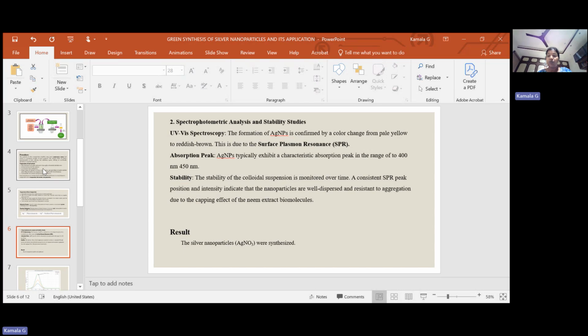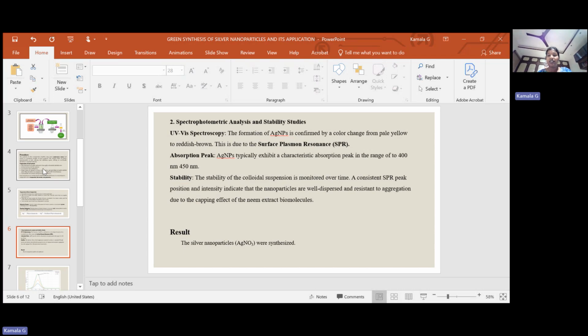Once we see a reddish brown color, we stop the reaction. Within 30 minutes, you get a nice brown colored solution. Then we analyze whether we are able to generate silver nanoparticles or not.